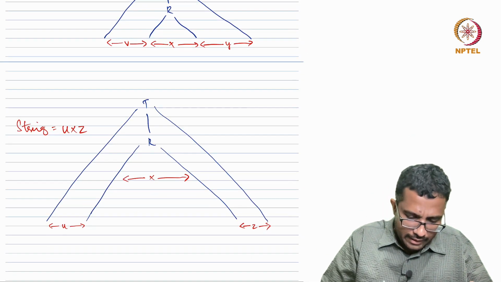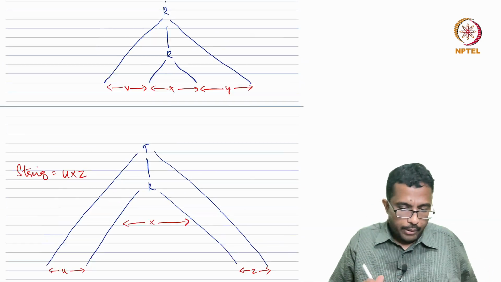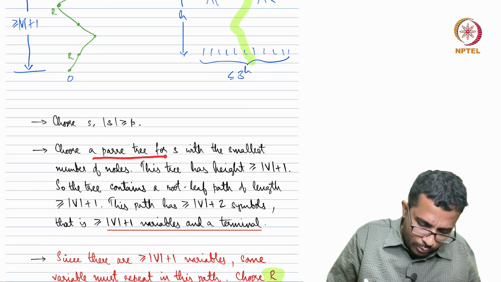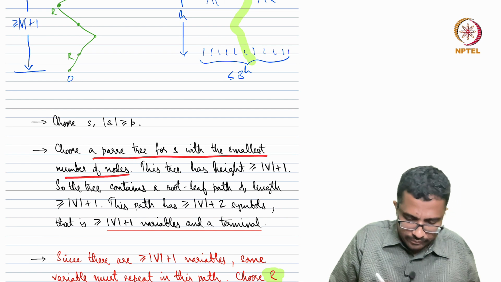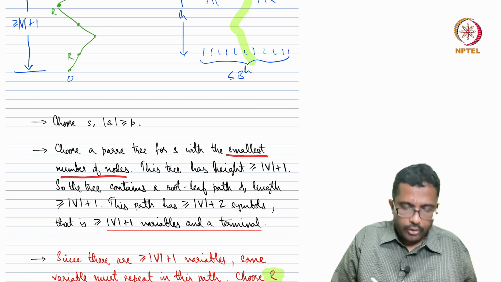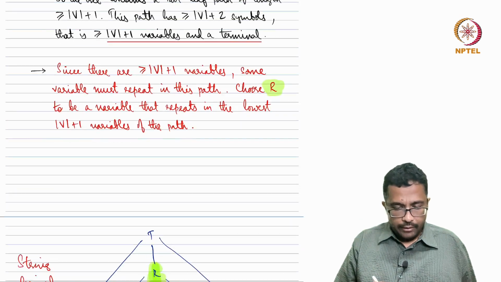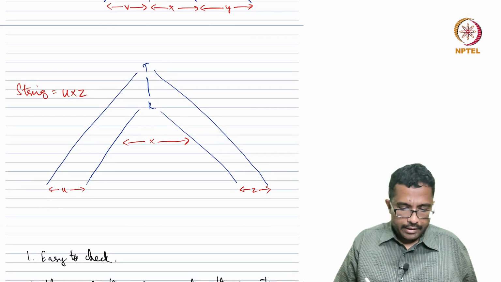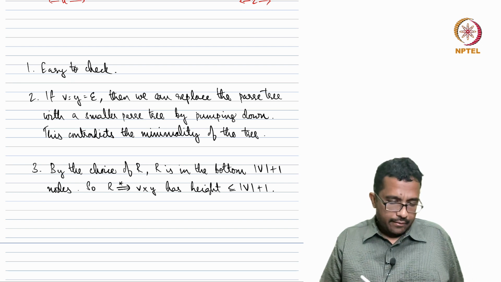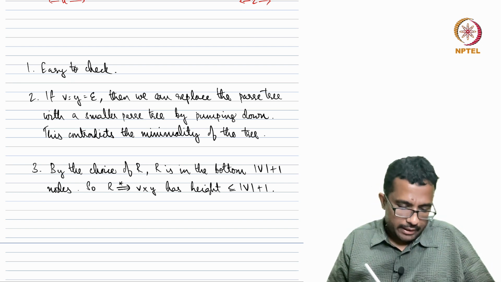So this is a smaller parse tree, but by our assumption, the parse tree that we chose was the one with the smallest number of nodes. So if v and y are both empty, that contradicts the choice of the parse tree. Hence, v and y cannot be both empty.